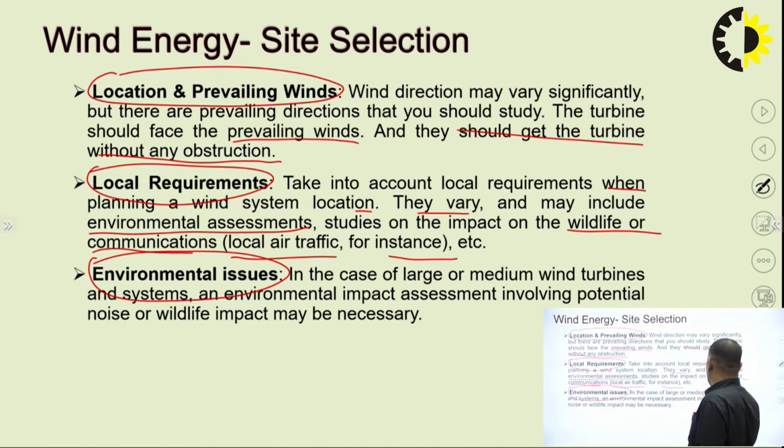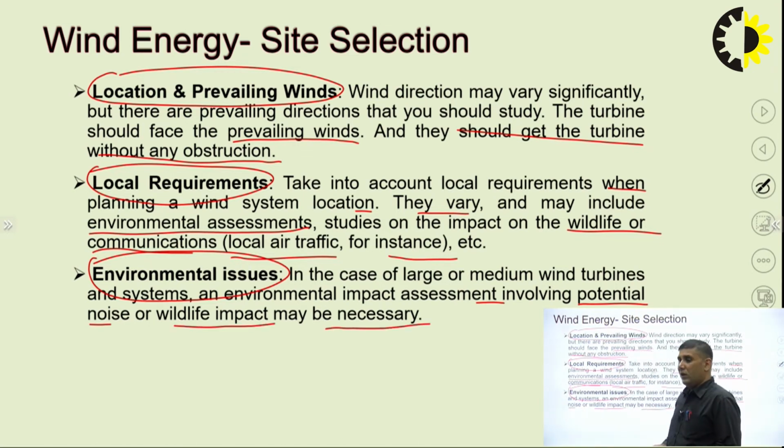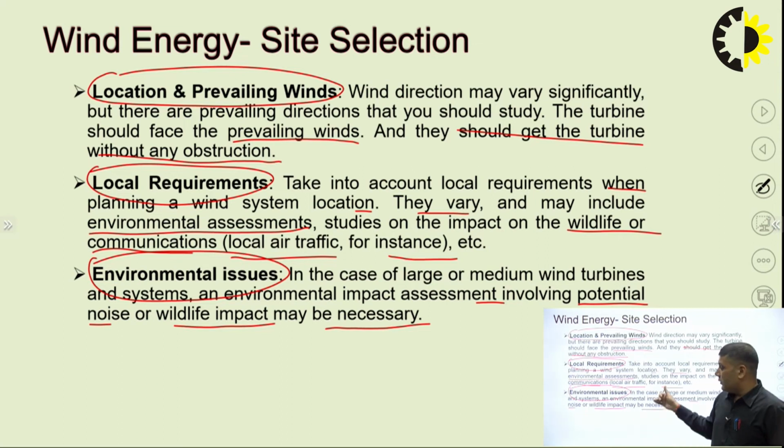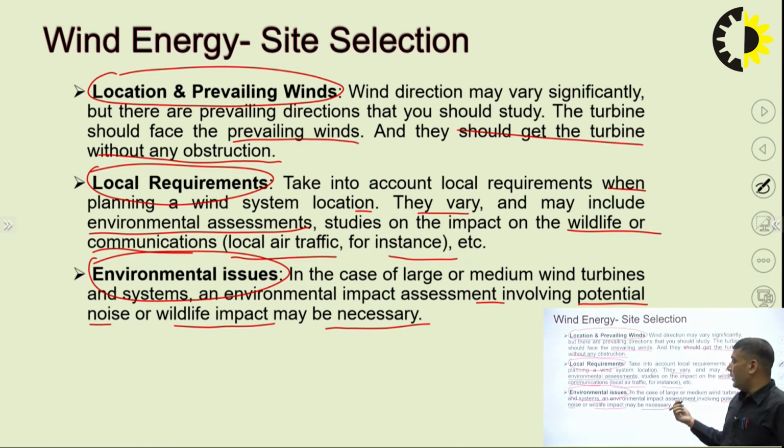In the case of large and medium wind turbines and systems, an environmental impact assessment involving potential noise or wildlife impact may be necessary, because when the blades of the wind turbines are rotating, if birds come into that area of the rotating blades, then definitely casualty happens to that bird and the performance of the wind turbine also gets affected. Sometimes the blade may also be damaged, so maintenance cost will increase and you have to shut down your wind power plants for a certain time for maintenance purposes also. Okay, so environmental issues are always there for wind energy site selection.